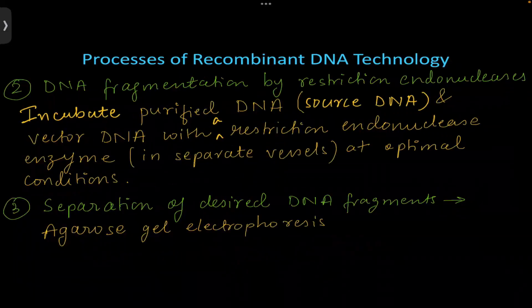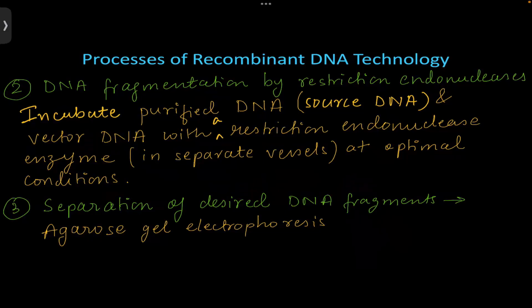Now this complete genome, which may consist of thousands of base pairs, maybe 10,000 or even lakhs of base pairs, you have to digest and make into fragments so that ultimately you can select out your gene of interest. Your gene of interest is a part of the complete genome, correct?